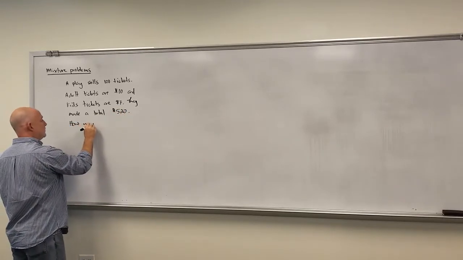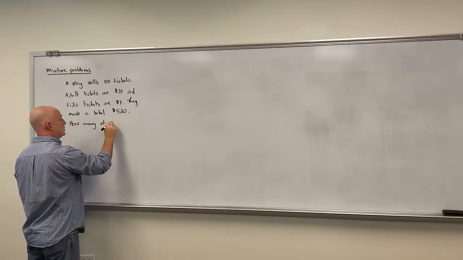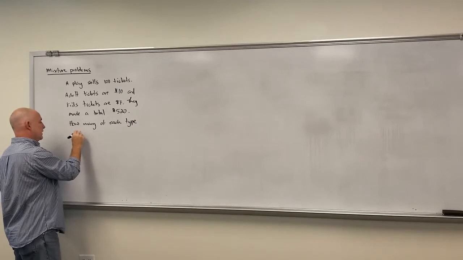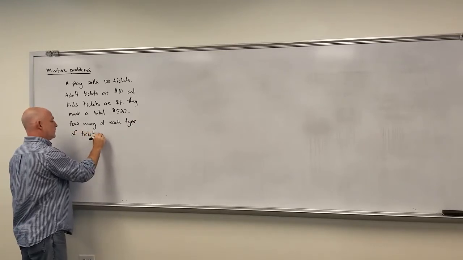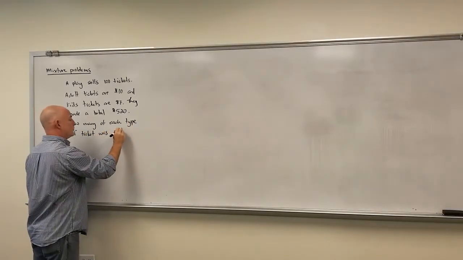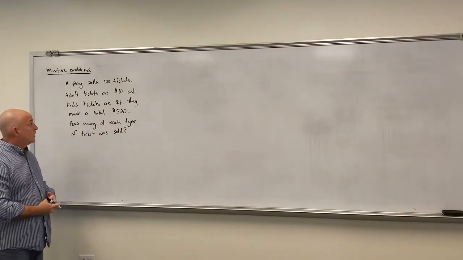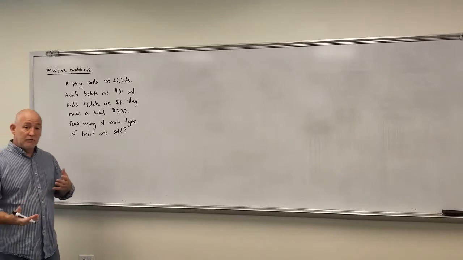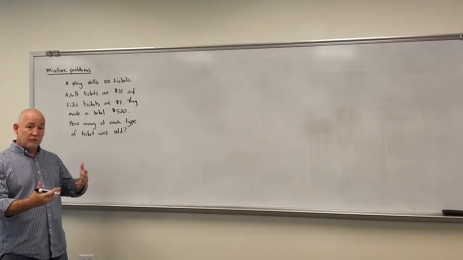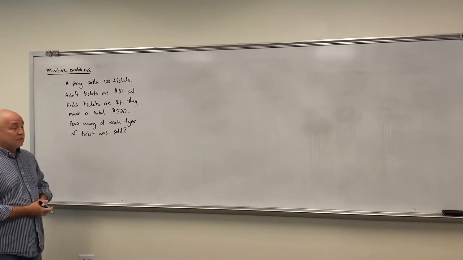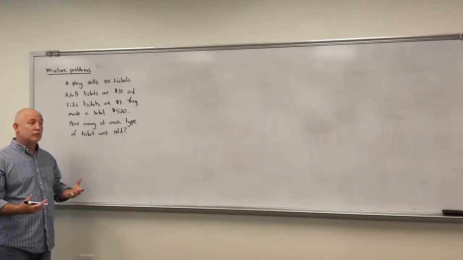How many of each type of ticket was sold? Okay, so we got this play. They're selling tickets. You got kids tickets, adult tickets that are different prices. So you see, we're going to be mixing two things of two different value or worth together, and we know a total for the evening. So can we figure out how many of each were sold?